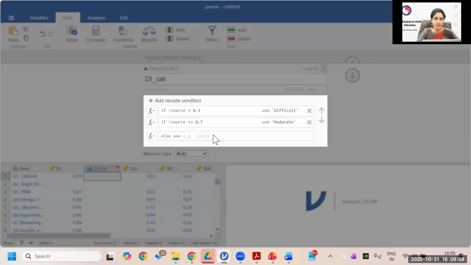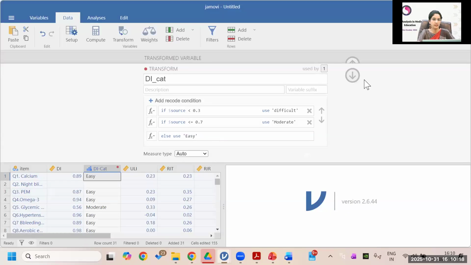And else use means more than 0.7, it is easy. So I will again put that in single inverted commas, and I will write it as easy. And then I'll press enter.